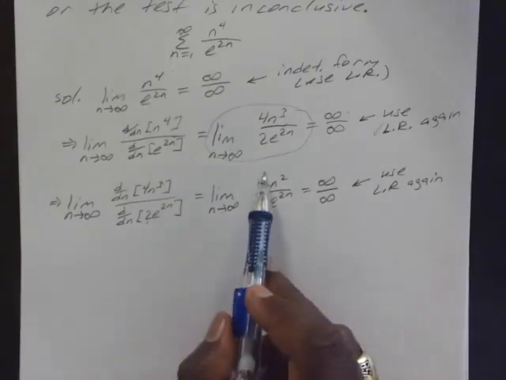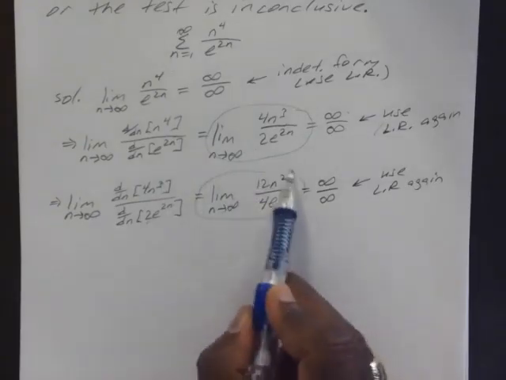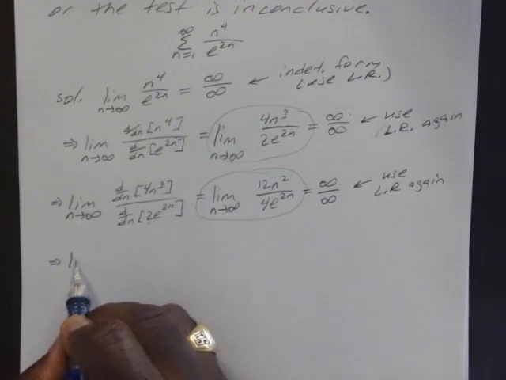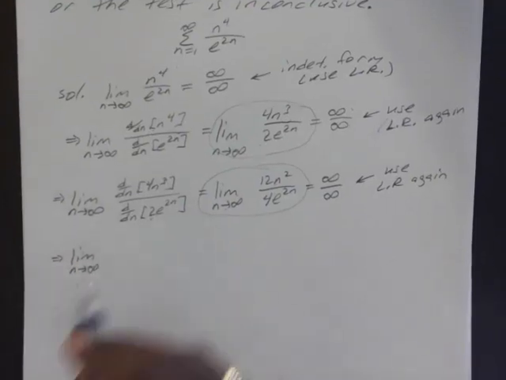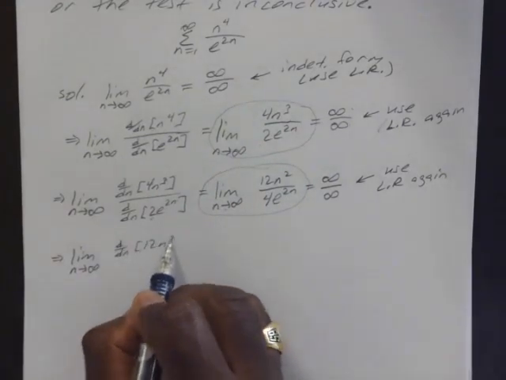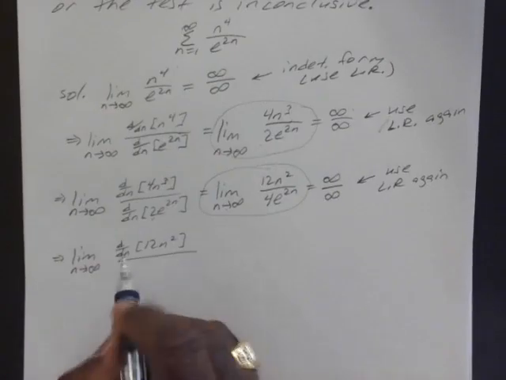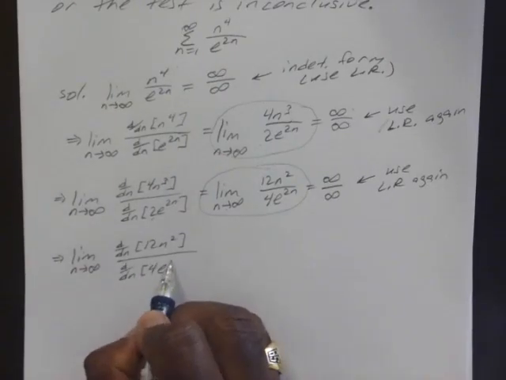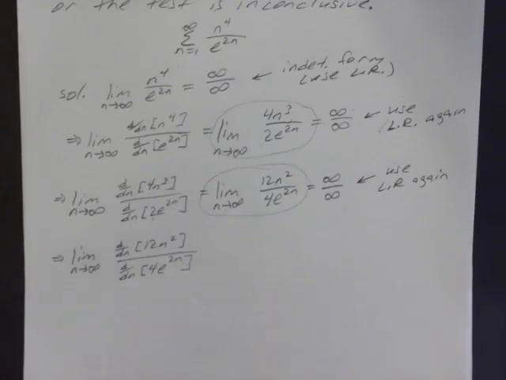So now we use L'Hopital's rule on this version of it. So we have the limit as n approaches infinity of the derivative of 12n squared divided by the derivative of 4e to the power of 2n.